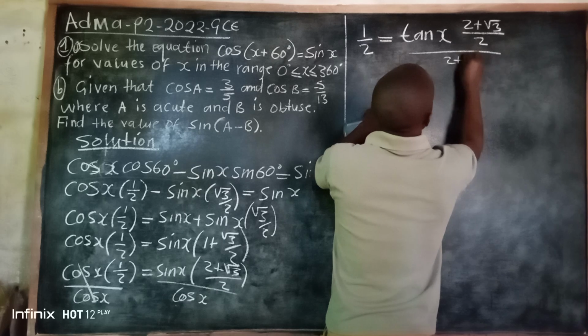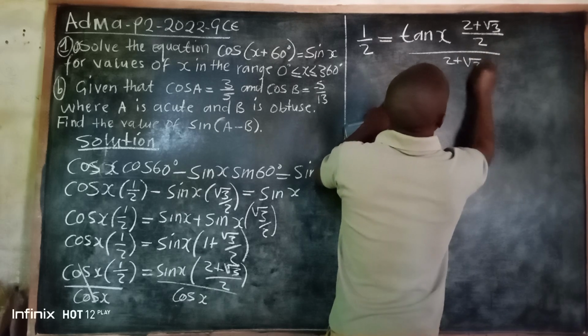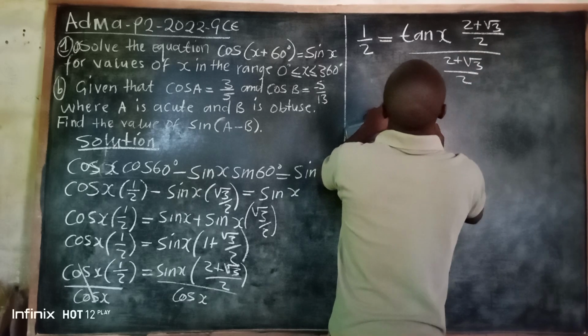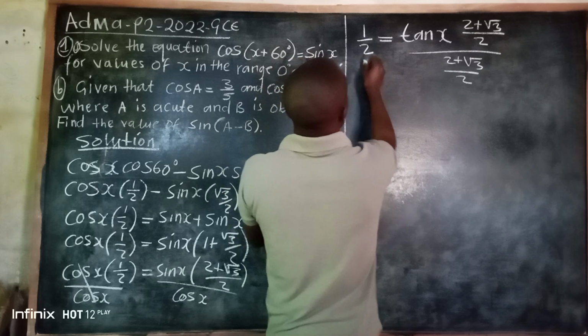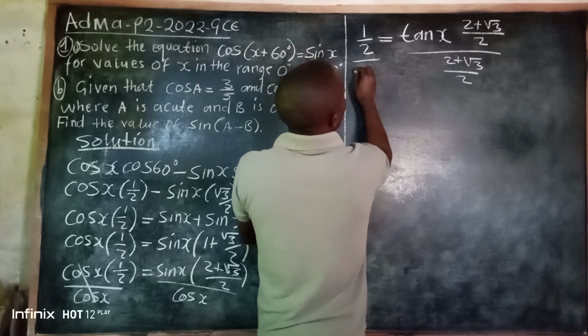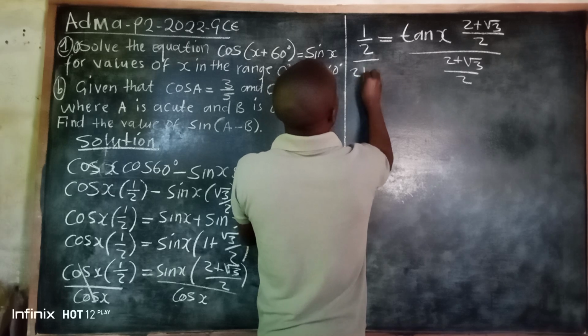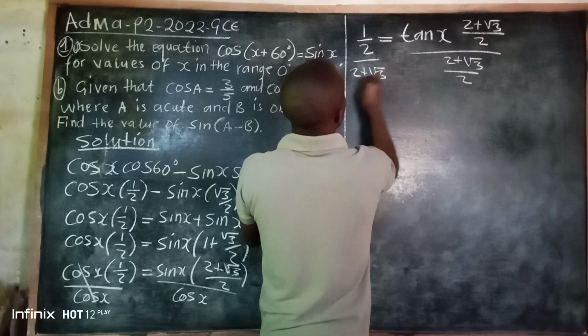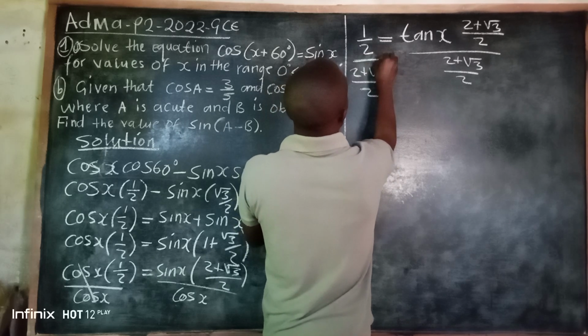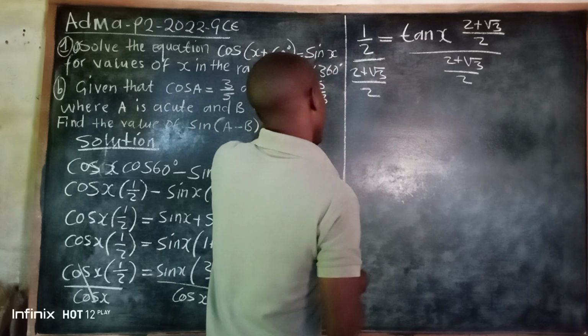So even this side, 2 plus root 3 over 2. This is what we are going to have.